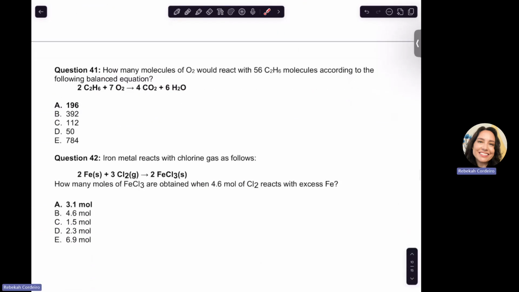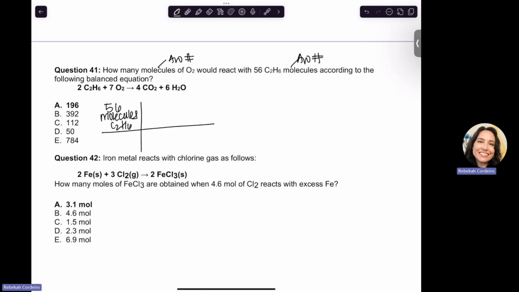How many molecules of O2 would we need? If we see molecules, you need to think Avogadro's number as a conversion. So 56 molecules of C2H6. Now we could skip Avogadro's number.